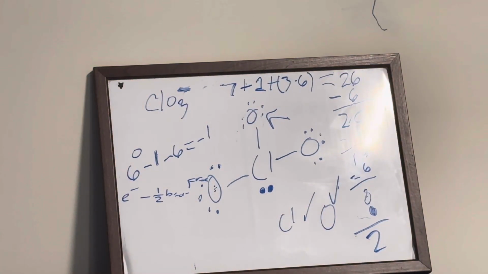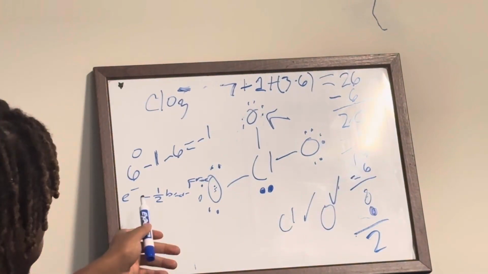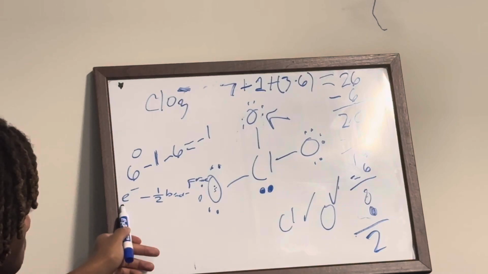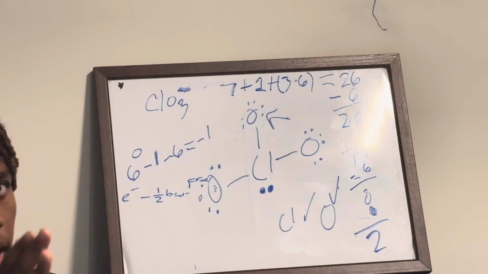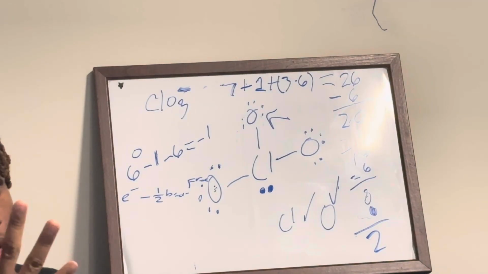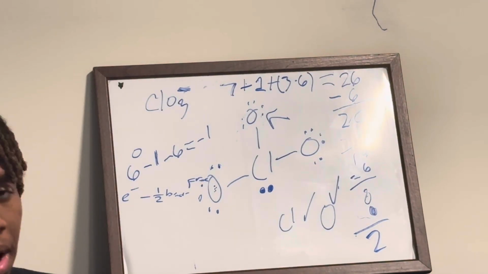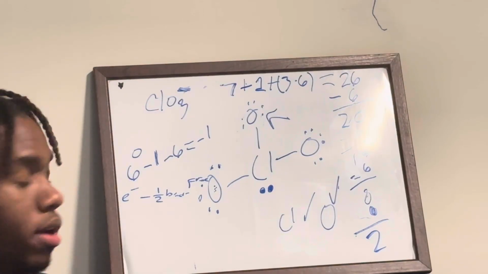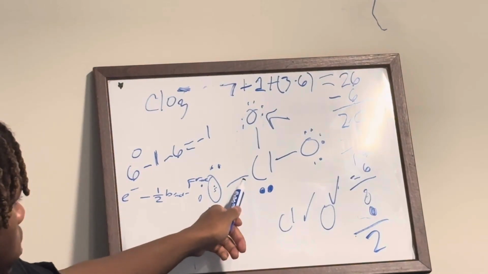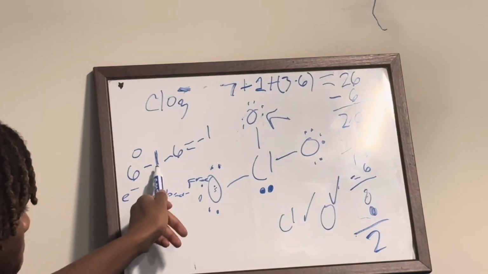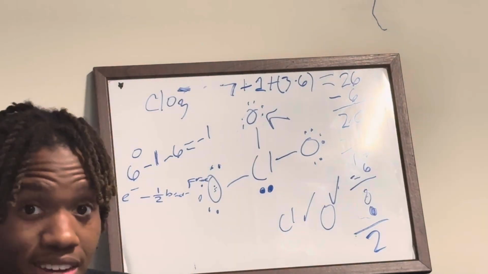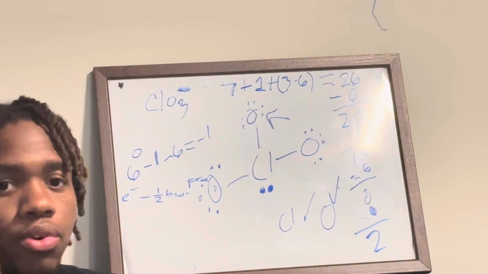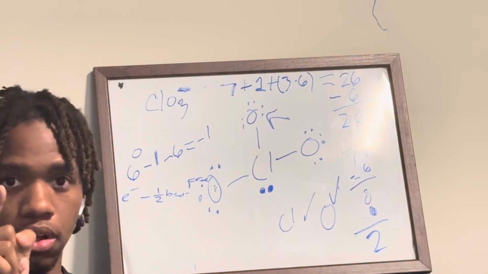So what this means is the initial electrons minus 1/2 the electrons of the bond. So if they have 2 bonds, that's 4, so that's gonna just be minus 2 electrons. But in this case, we have 1 bond, right? So it's minus 1, then minus the 6 electrons, or the free electrons, the dots around it.